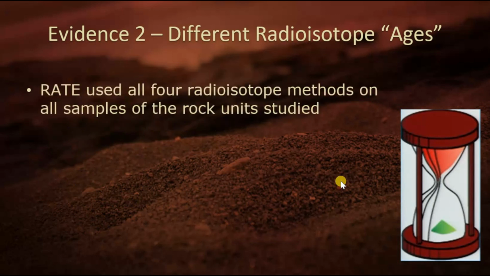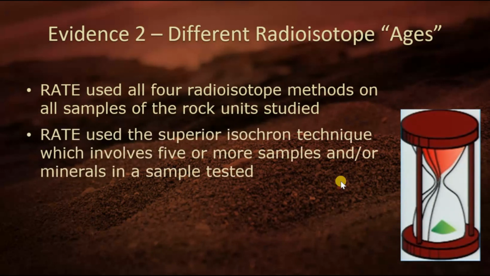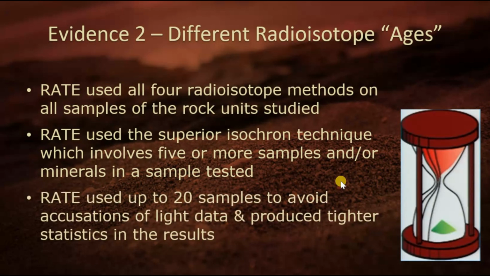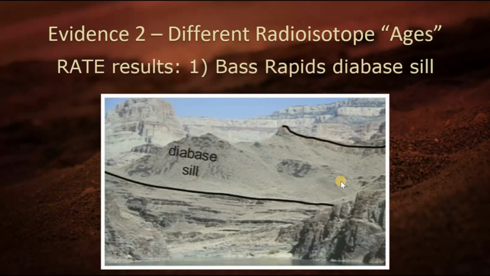But RATE used all 4 radioisotope methods on all the samples of the rock units studied, and they used the superior isochron technique, which involves 5 or more samples or minerals in the sample tested. In fact, they went even further. They used 20 samples to avoid accusations of them using light data and to produce tighter statistics in the results.